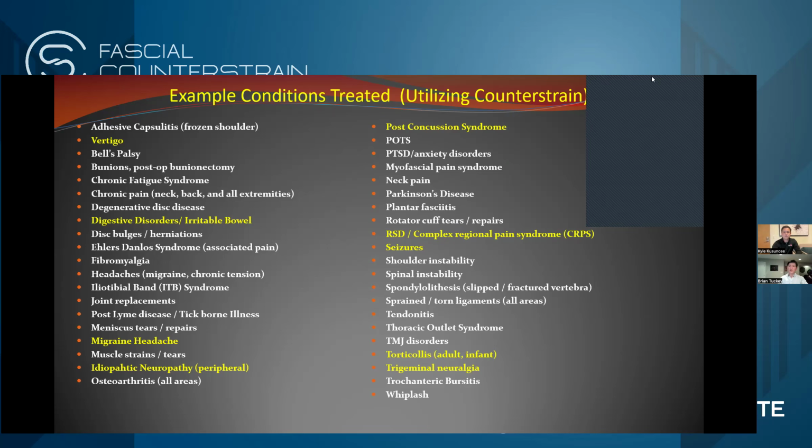So the scope of treatment with counterstrain expands beyond the world of pain and neurological stuff, venous things, for example. I'm just glancing at one here, seizures. You would think just by that name, wow, seizures, you can't do anything for seizures. Well, it turns out that seizures don't happen until the pressure in the brain reaches a certain threshold.